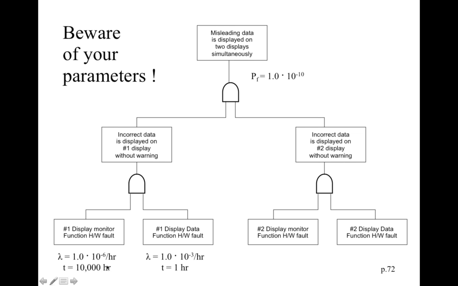Of course, lambda times t still determines the probability of failure, so this kind of notation is used quite regularly. The nice part about this notation is that it splits the failure rate from the exposure time. In this example, besides seeing the failure rate of the individual components, you also see that the exposure times of these 2 events are different.